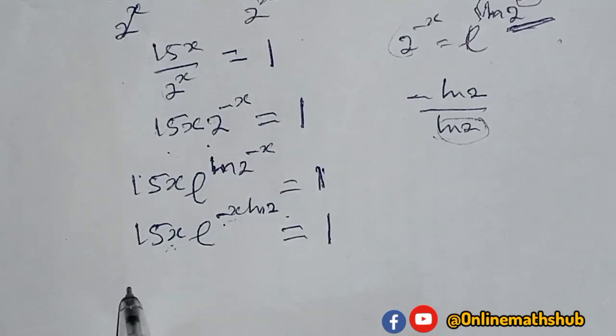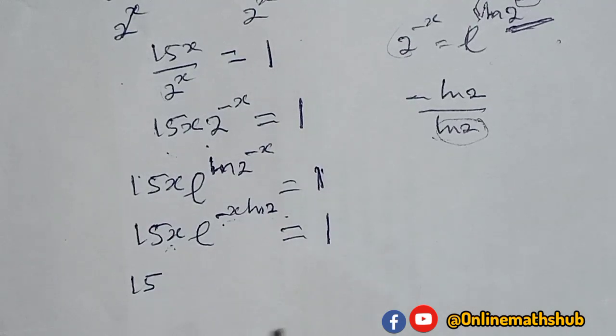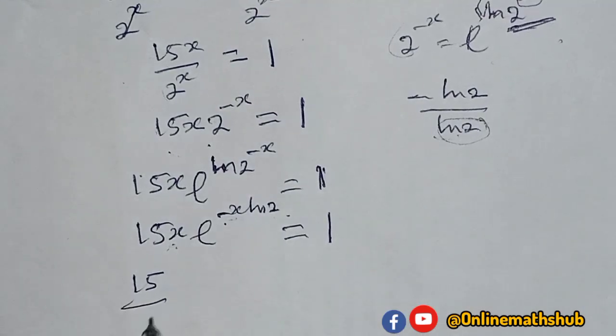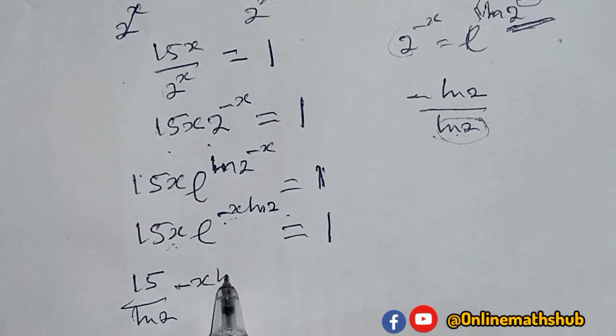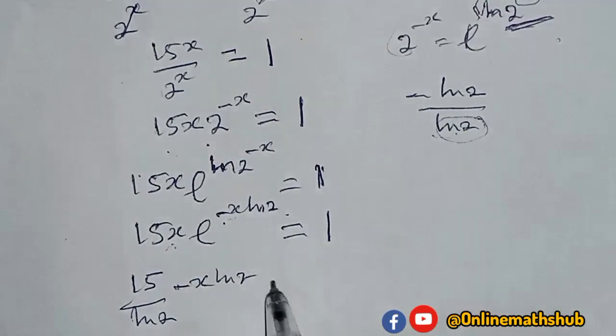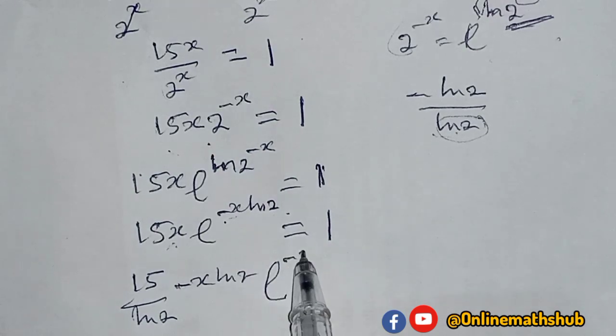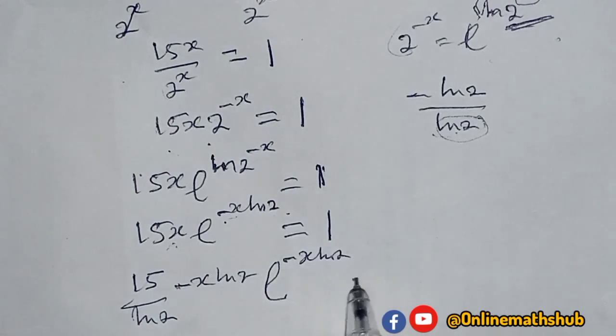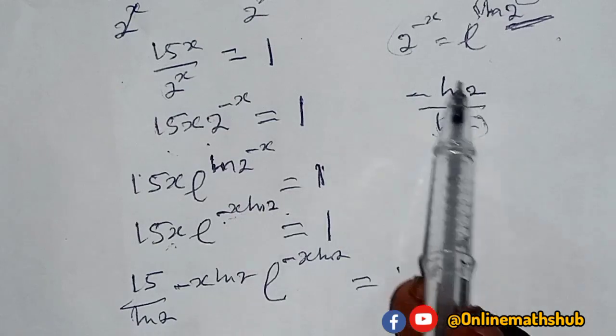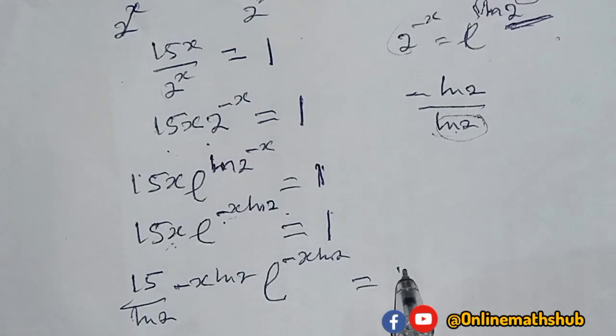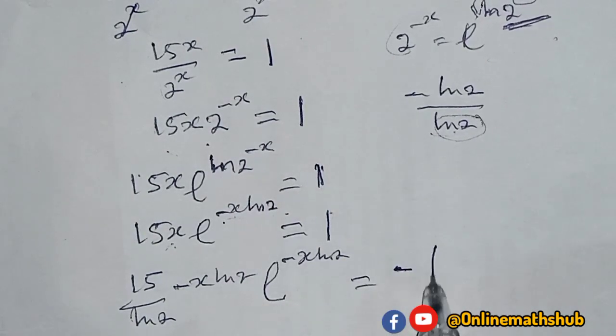If I do that, I'm going to be having 15 right here divided by this ln 2, and then multiplied by minus x ln 2, and then exponential minus x ln 2 is equal to, of course when you multiply this by this, you are going to be left with minus 1.